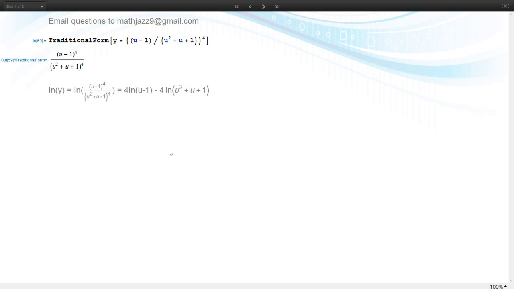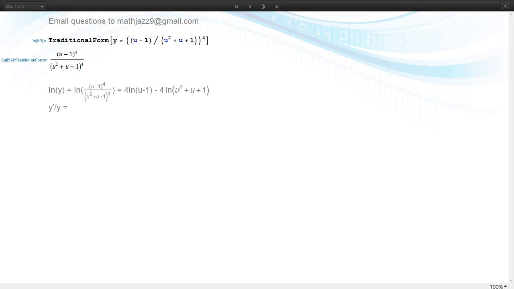And now I can take the derivative much easier. The derivative on the left side is going to be y prime over y, using implicit differentiation and the fact that the derivative of the natural log of something is the derivative of that something divided by the original function.